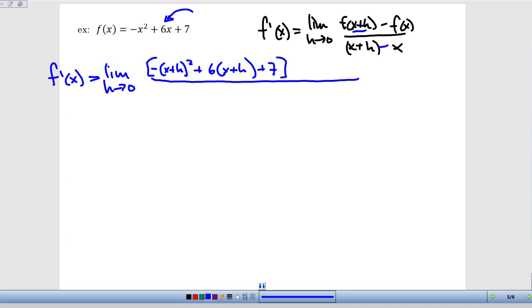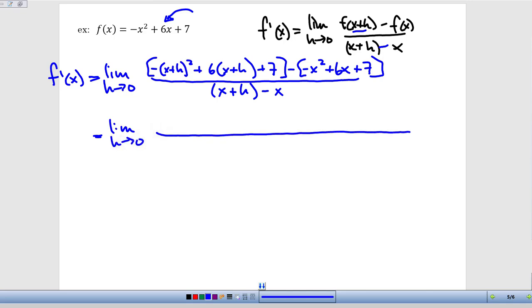So there's our f of x plus h, and then minus, so we're just going to subtract the original function, negative x squared plus 6x plus 7. And then the denominator is our old standard, x plus h minus x. So we've got some work to do up in that numerator. So let's set out on that.